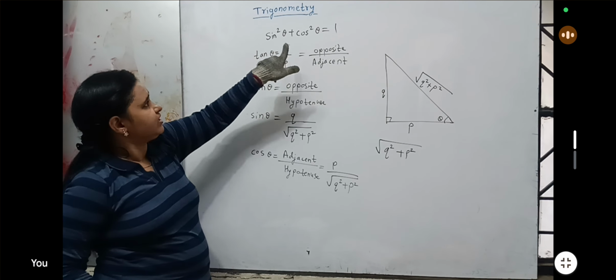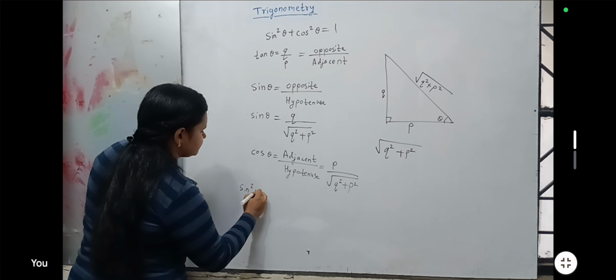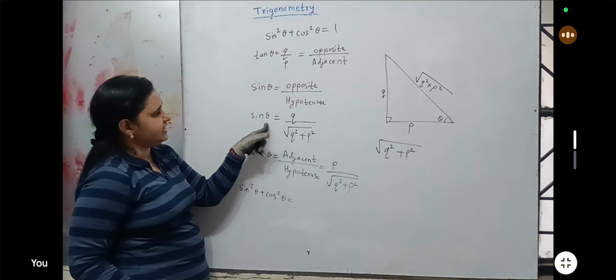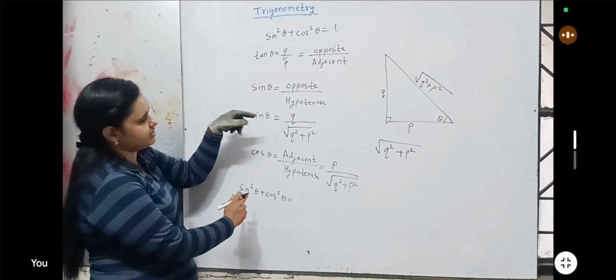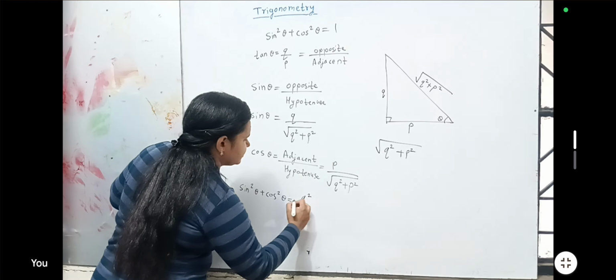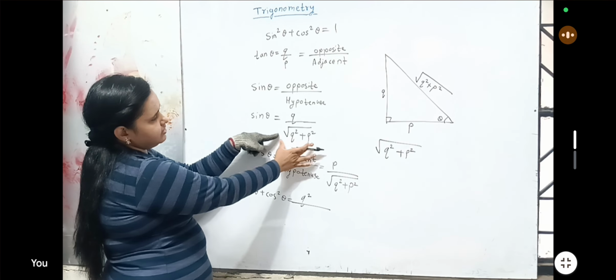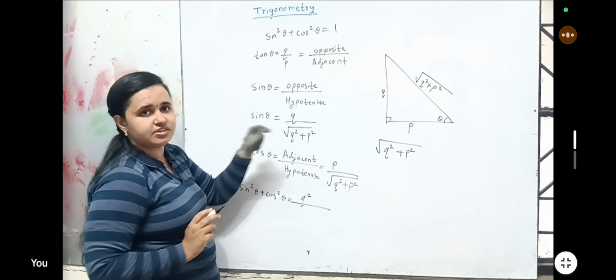Now we can calculate sin square theta plus cos square theta. Sin theta is here, but we have to take the square, so we will directly square it. Q square upon, if we take the square of this one, the square and square root will get cancelled and we get q square plus p square.